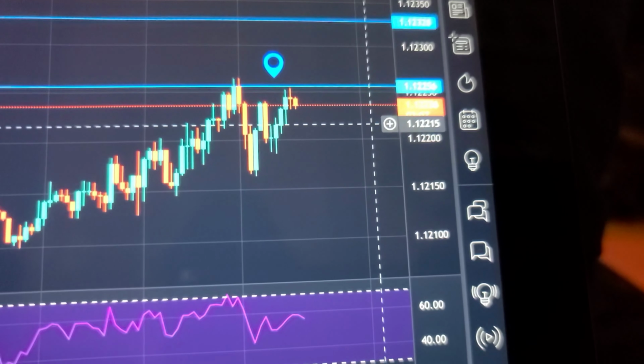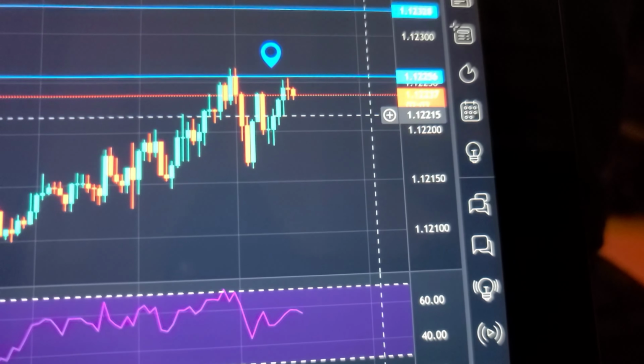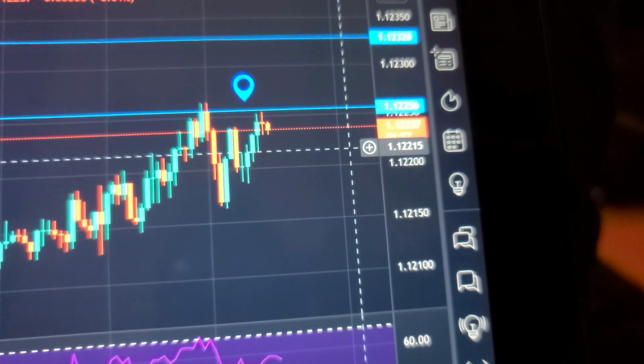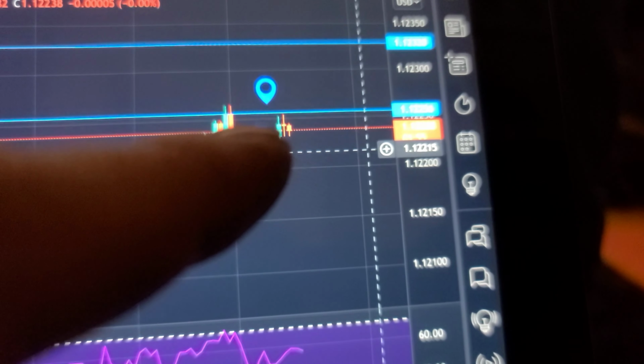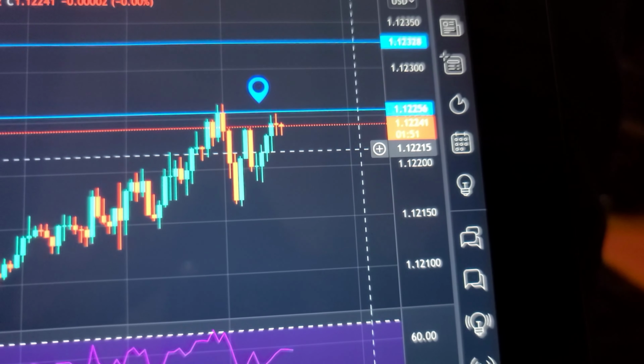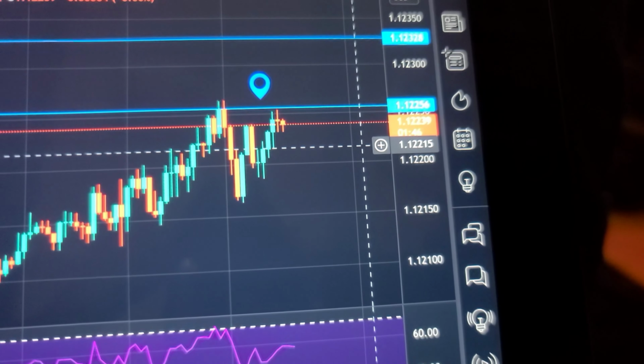So I really don't like what it's doing. See, if it goes back up over this body, I'm just going to get out. Call it a night. 2 minutes left.